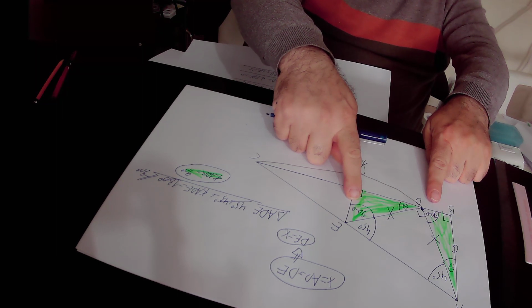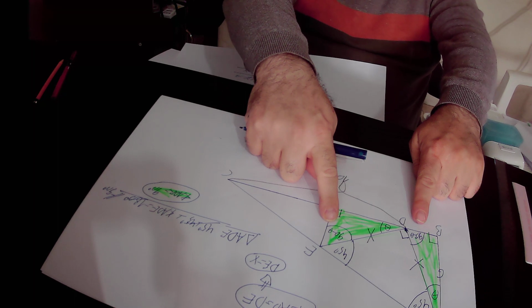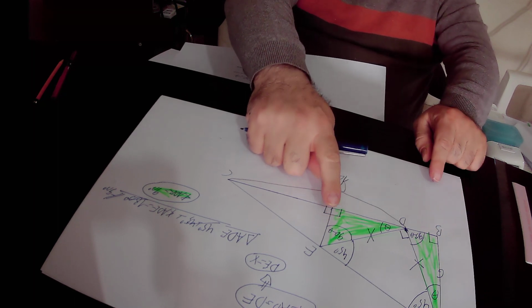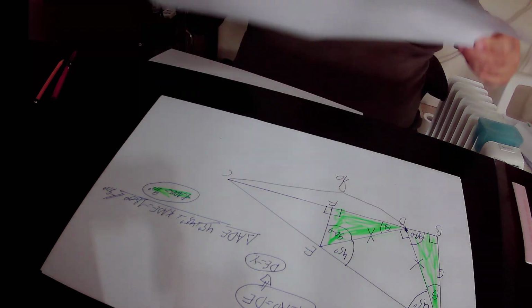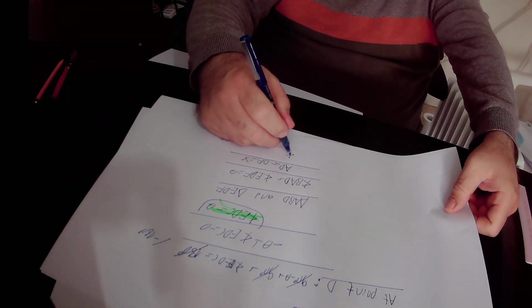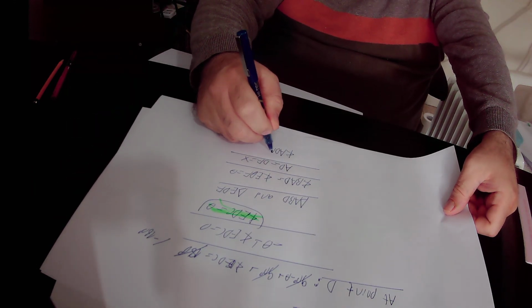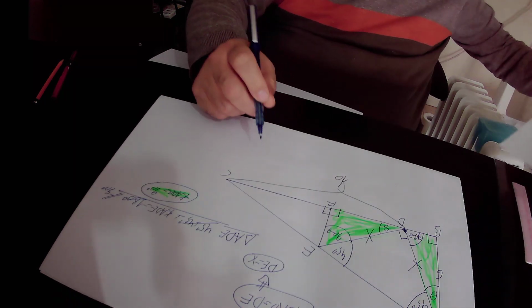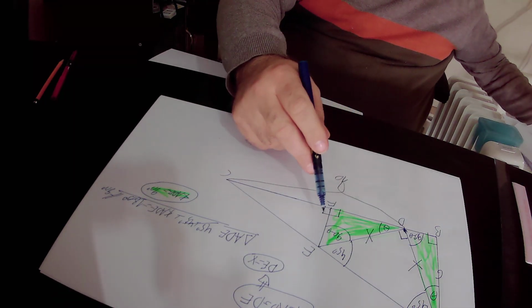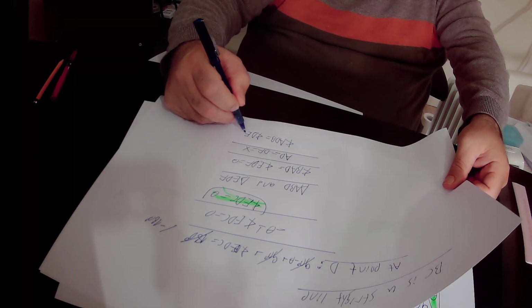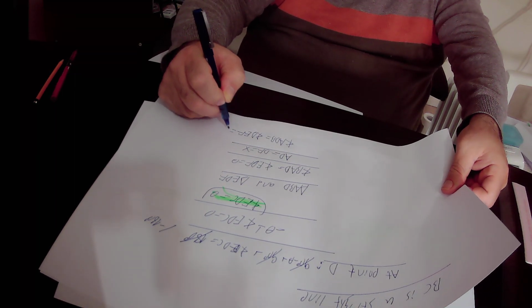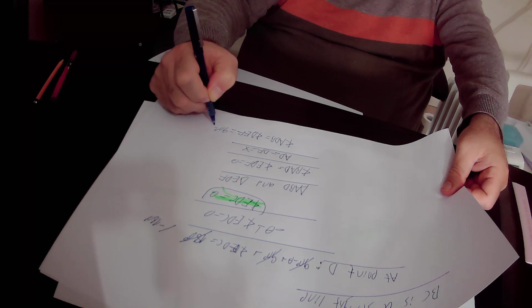They are both equal to 90 degrees minus theta. So angle ADB is equal to angle DEF, and both angles are equal to 90 degrees minus theta.